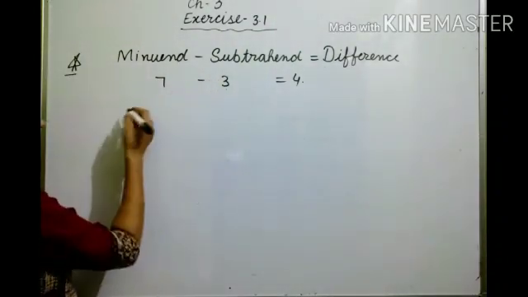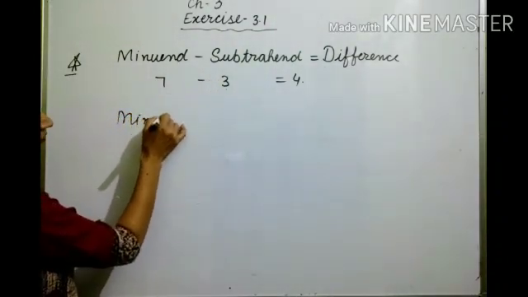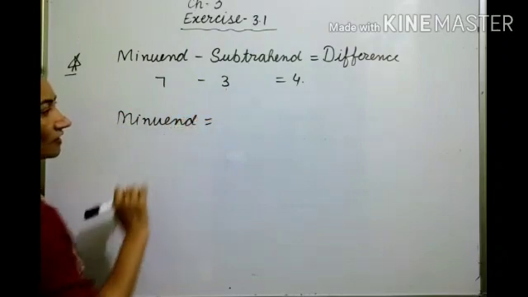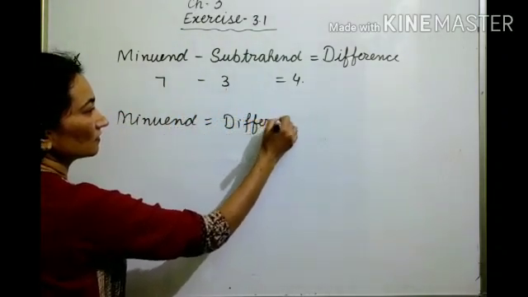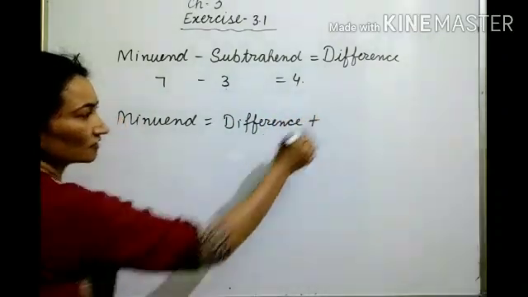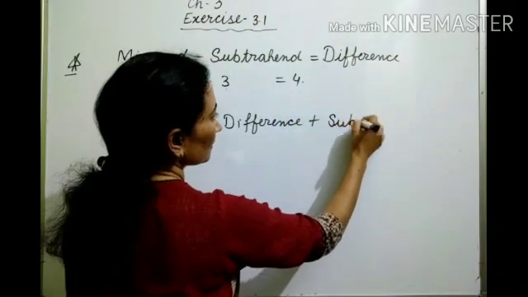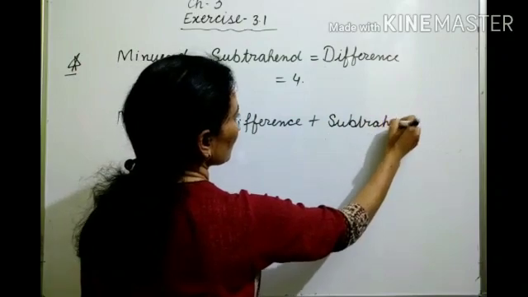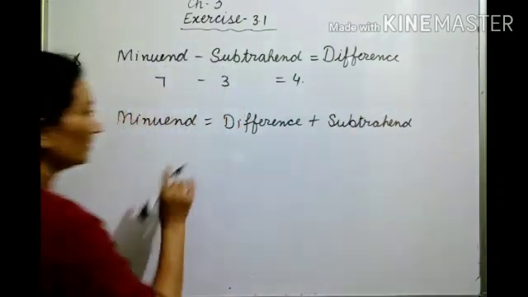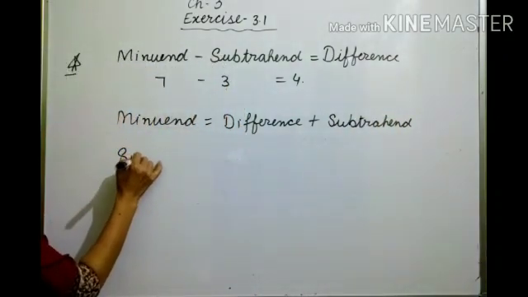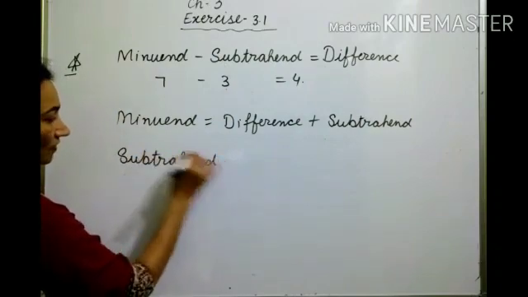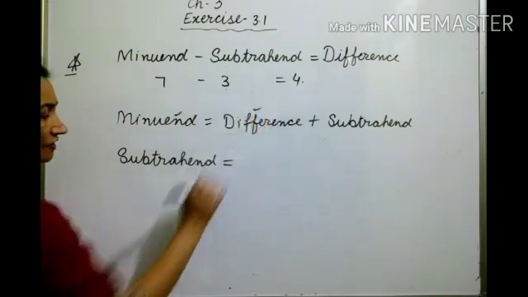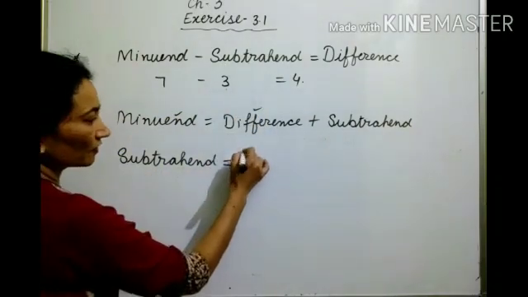If we have to find minuend, then how we will find? Difference plus subtrahend. If we want to find subtrahend and we are given minuend and difference, then how we find?